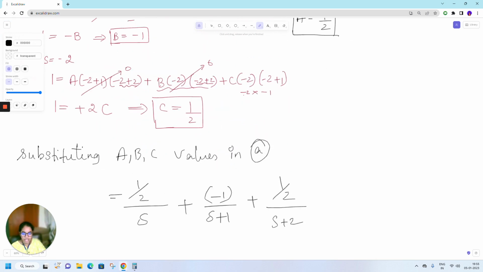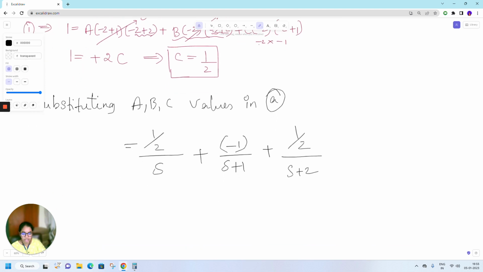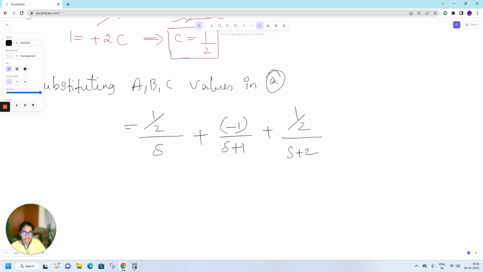We should find inverse Laplace transform of this, right? I just did a little bit of changes, that is I applied partial fraction concept to our question so that I would get 3 terms like this in addition or subtraction. When I have like this, it would be easy for me to find the Laplace inverse, correct?